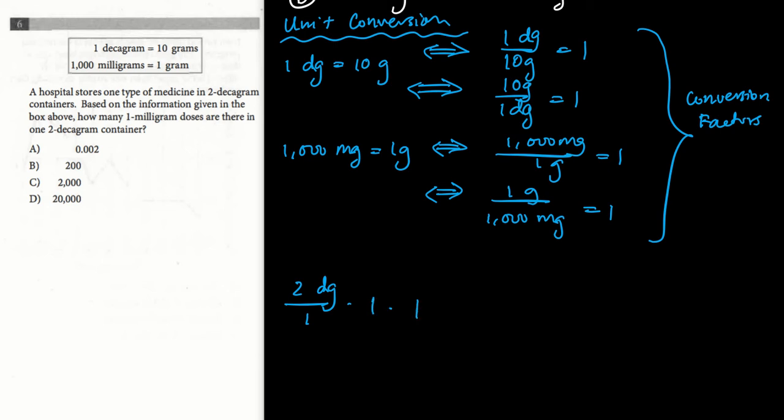And you might be thinking again, hey, this is kind of a strange thing to do, right? Why are you multiplying something by 1 twice? Well, the first argument that I'm going to make is this is still 2 decagrams, right? We haven't changed anything. When we multiply any numerical quantity by 1, we get that exact same numerical quantity back.